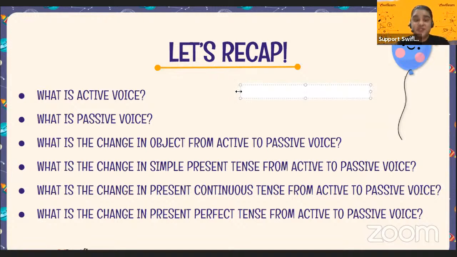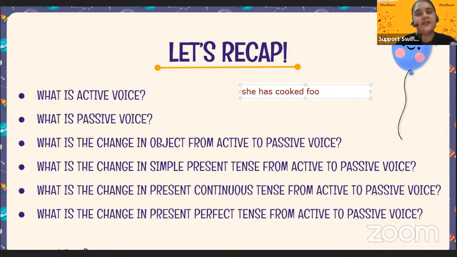Subject plus has/have plus verb third form plus object. So in present perfect tense, we are using verb third form. This is clear, yes? So in active voice, the same rule will be there, subject plus has/have plus verb third form and object. Let me give you the example. Like if I say, she has cooked food.